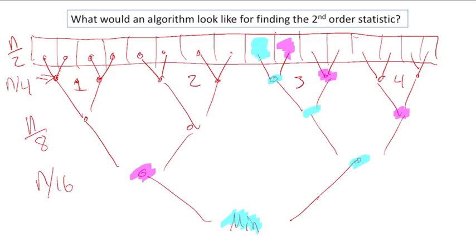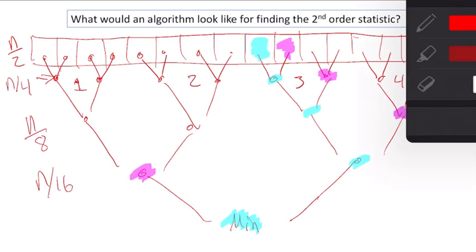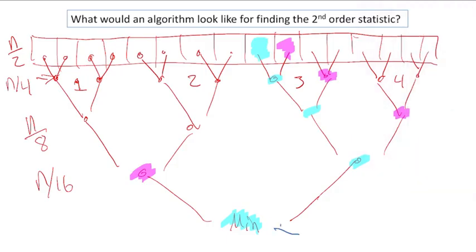And how much work does it take to find that value? Well, if we save the losers from each comparison in a set that is associated with the value itself, so this value min has a set of everything that it beat, and then we just find the minimum of that set, we have our second smallest value.